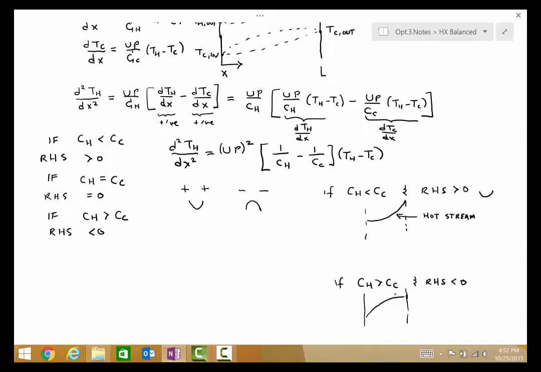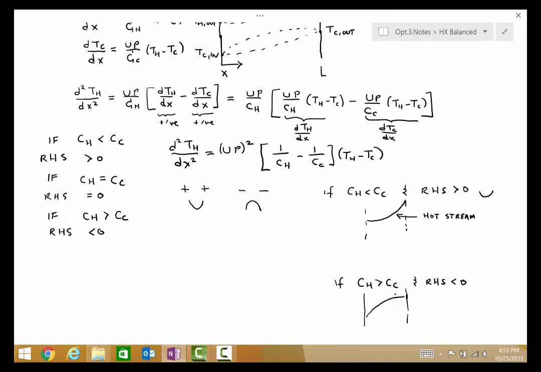We can do the same thing with the cold stream temperature distribution, and with the co-flow type problem. In the co-flow problem, for example, the second derivative for the hot stream would be positive and the second derivative for the cold stream would be negative, giving the form that we would naturally expect for that type of problem.